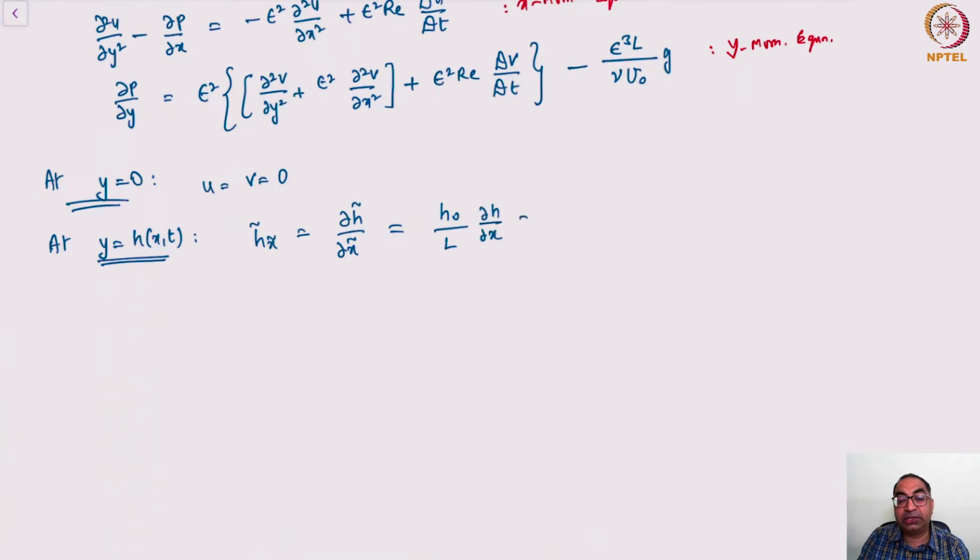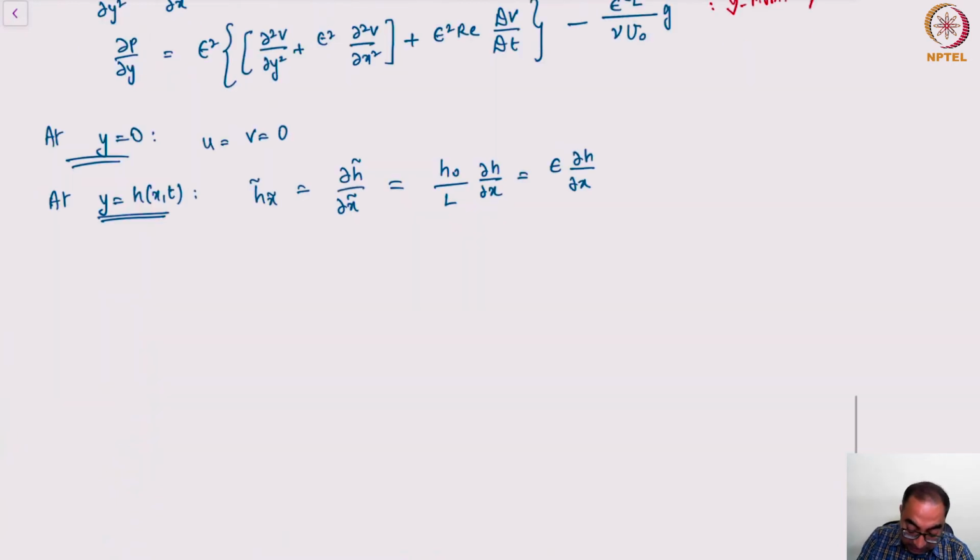But we also know that h naught by L is epsilon, therefore that is epsilon del h by del x. So you see that the height derivative del h tilde by del x tilde essentially becomes epsilon del h by del x. We'll make use of this simplification. Let's start with the kinematic condition.